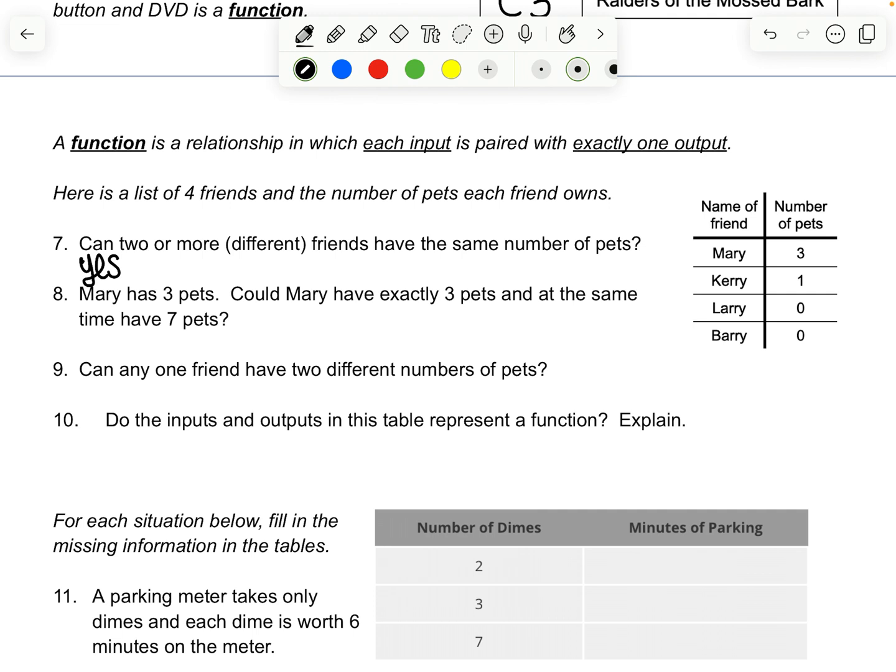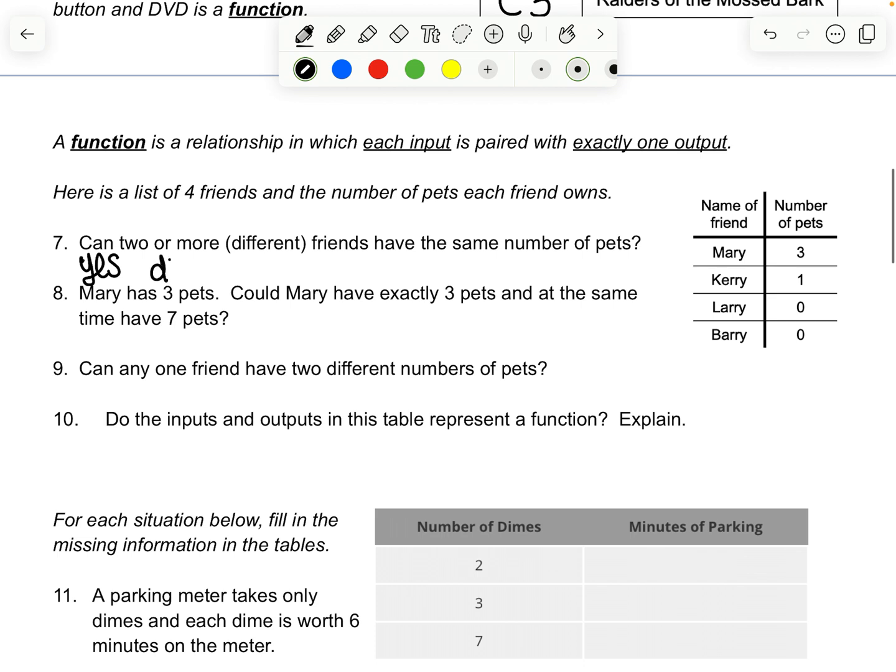So yes, different inputs can have the same output. We see here that in the table, Larry has 0 pets and also Barry has 0 pets. Because they are 2 different people, they are able to have the same amount of pets.